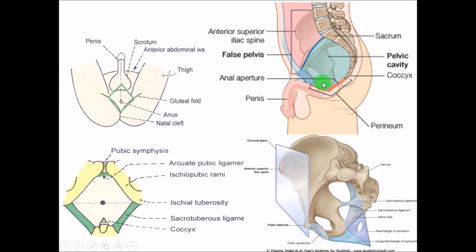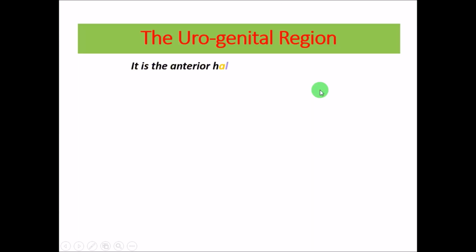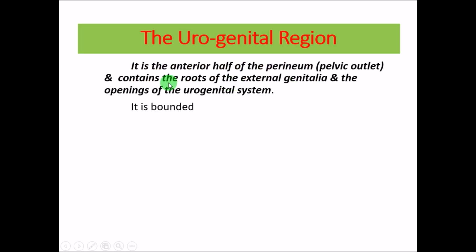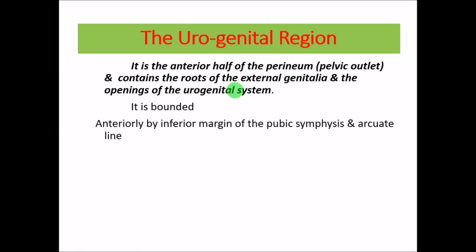In this picture you can see the roots of the genital system, as well as the urethra and other things which are coming out. So it is the part where we can see the external genitalia as well as the opening of the urogenital system. Okay, so what are the boundaries?